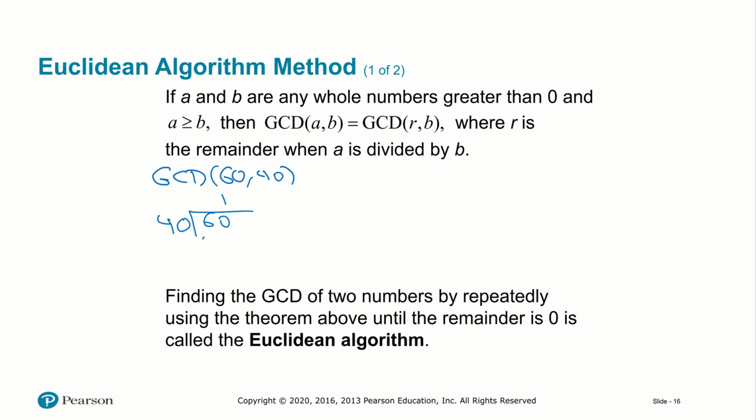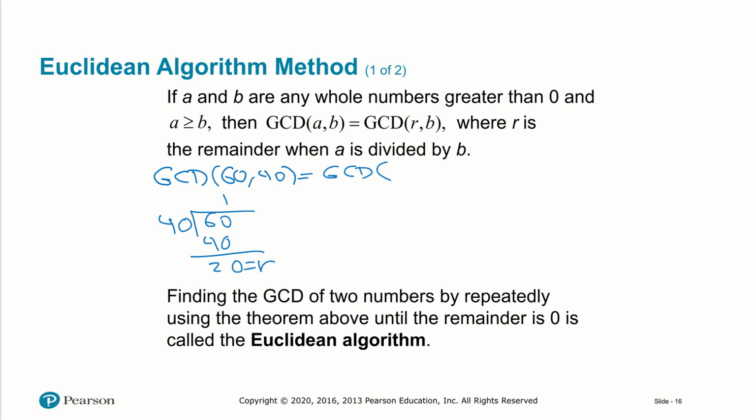So we know we get 1, and a remainder of 20. So this is the R that is being discussed here. And notice that it's going to be the same as the GCD of R, which is this number, with the smaller of these two numbers, B, so 40 and 20.